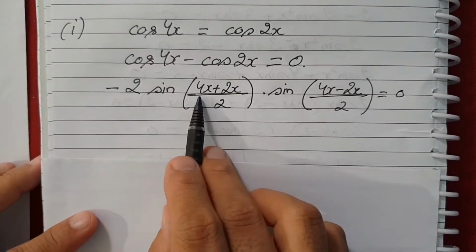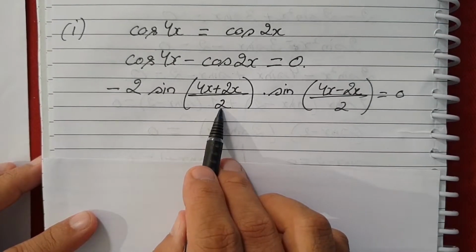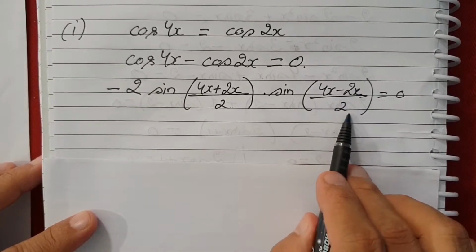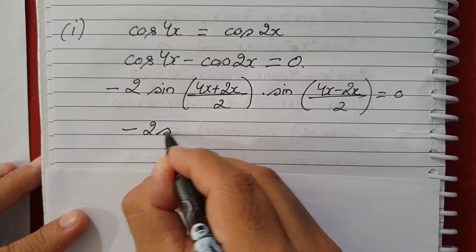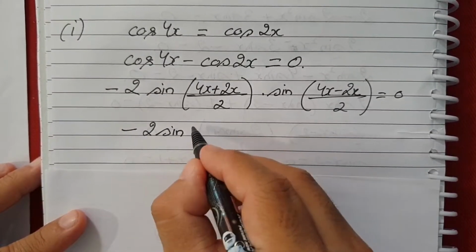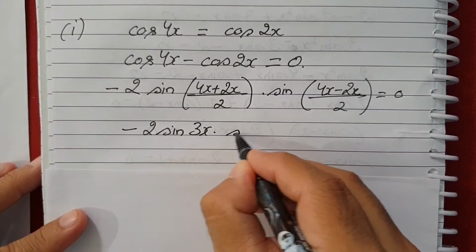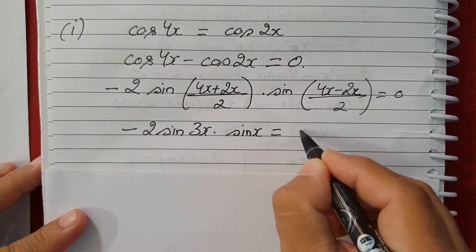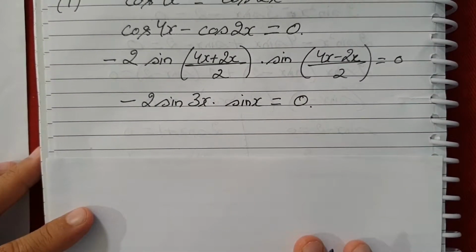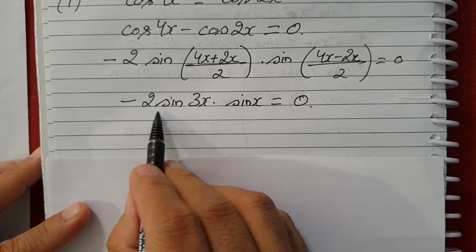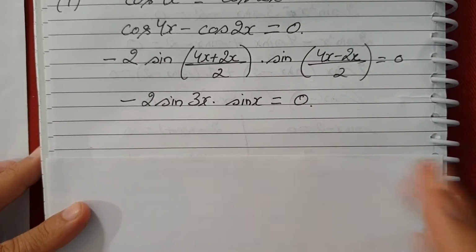Now solving this, 4x plus 2x is 6x by 2, 3x, and this is 2x by 2, x. So our equation is now minus 2 sin 3x into sin x equals 0. Okay. Now see, you take minus 2 to that side, that will be 0.